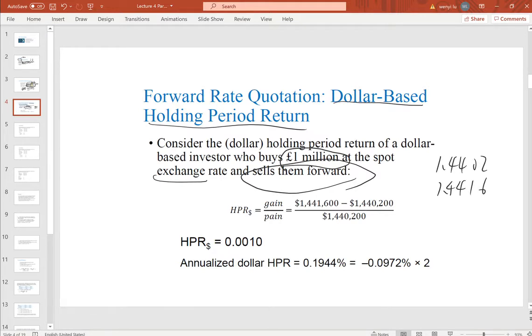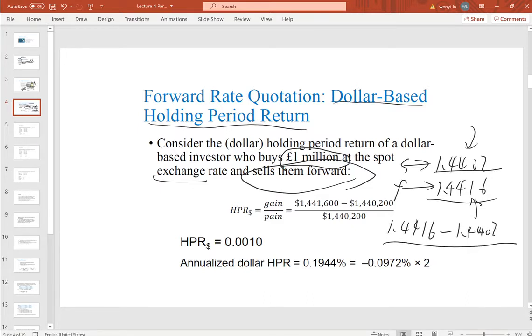So based on this spot rate and forward rate, what's the gain? You bought the currency at the spot rate and you sell it at the forward rate. So the difference will be 1.4416 minus 1.4402, divided by the original cost of holding this 1 million pounds.